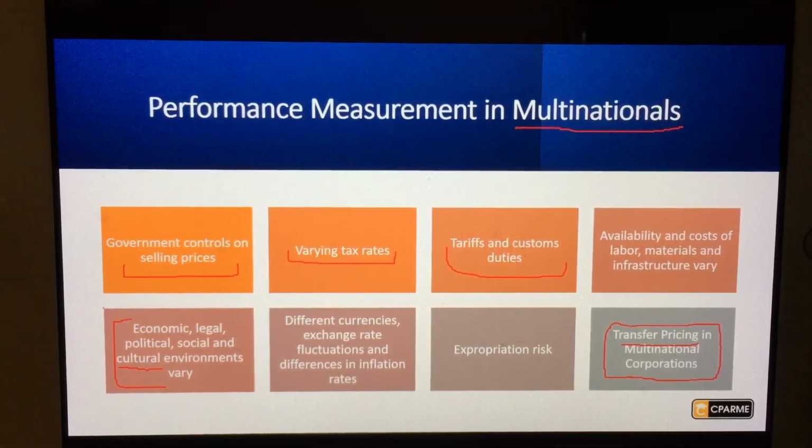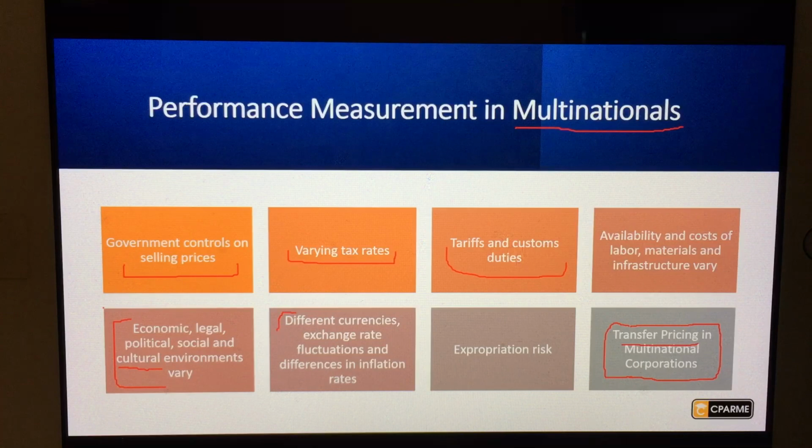Pwede mong gawin yun, pero that's discriminatory. And if you want to succeed, usually, nandun ka sa mga multinational corporation. And kapag nandun ka, you have to deal with different types of people. And the things that they're responsive to, the performance measures that they are receptive to can also vary. But you have to take that into account.